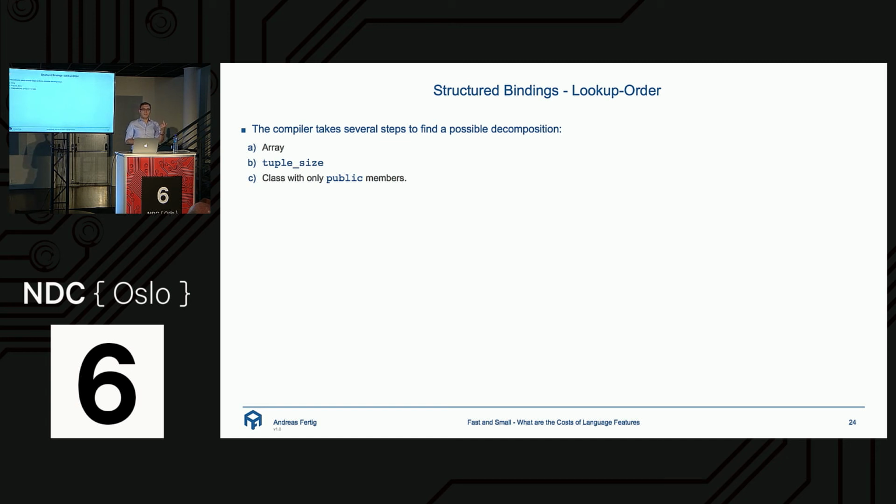If it's no array, the compiler looks in step 2 for the tuple size in the namespace std. And in the final step, the compiler checks if the object in question is a class with only public members. If none of that is true, you cannot use structured bindings.